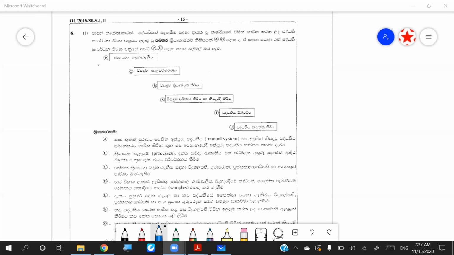Parallel deployment means you have the new system in the organization and keep the old one, and run them together for a certain period. Then after a period which fits the organization to have the new system run, you stop the old one and continue the new one.